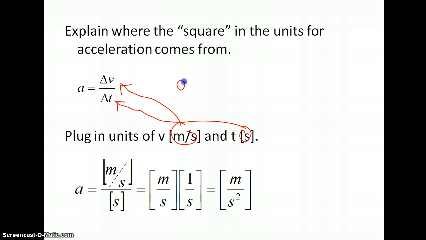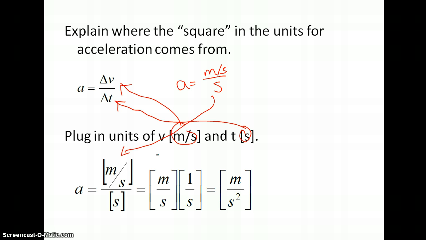So we'll get meters per second on top, and seconds on the bottom. That's rewritten nice and neatly down here: meters per second over seconds.